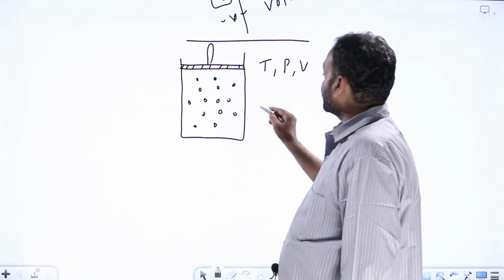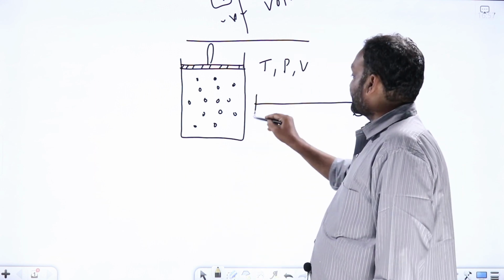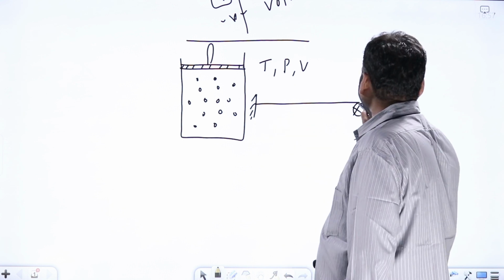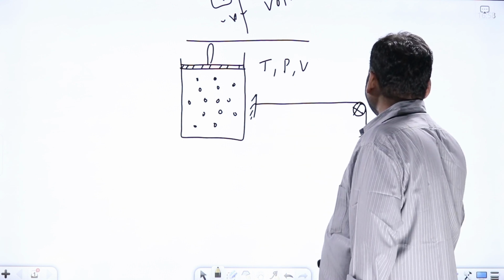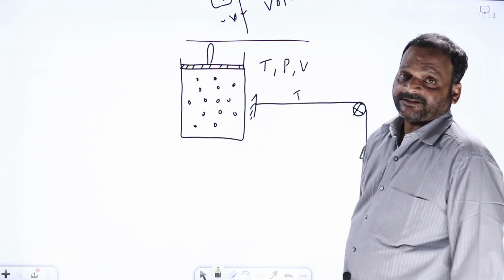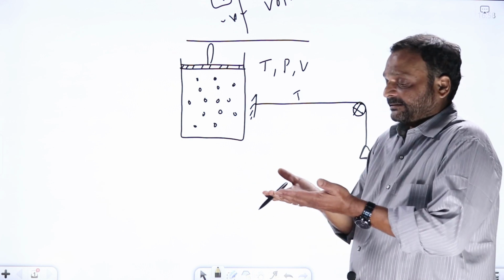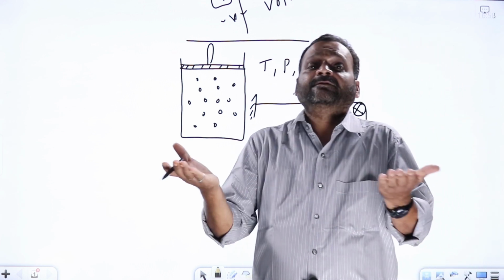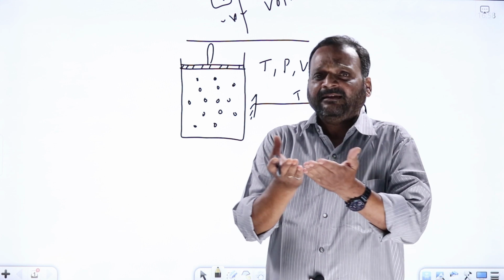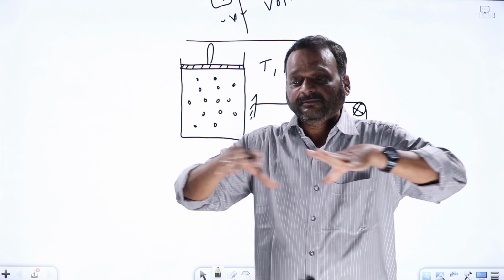I can take a stretched string. As in the oscillations and waves chapter, we take one string of some finite length, attach some mass to it, and bring some tension into the string. This is also a thermodynamic system. Or I can take a surface film, a thin leather or rubber sheet stretched from all sides, a stretched membrane.